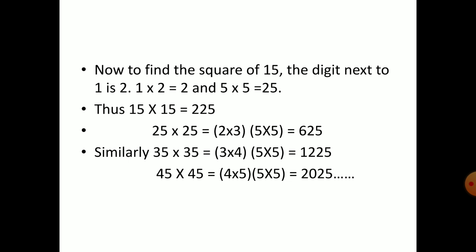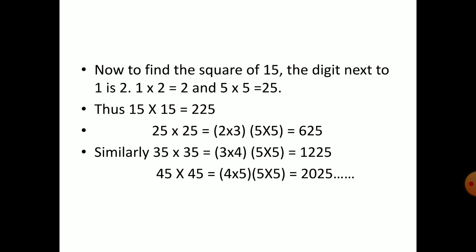Putting together 2 and 25, we will have 15 into 15 is equal to 225. Similarly, to find the value of 25 into 25, the digit next to 2 is 3. So 2 3s are 6 and 5 5s are 25 in the units place. Together it becomes 625. So 25 square is 625.